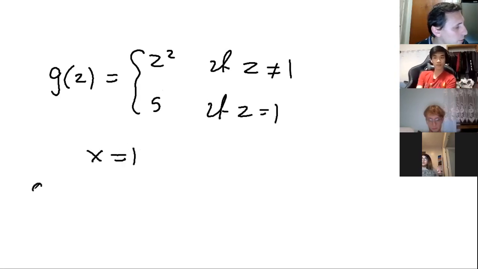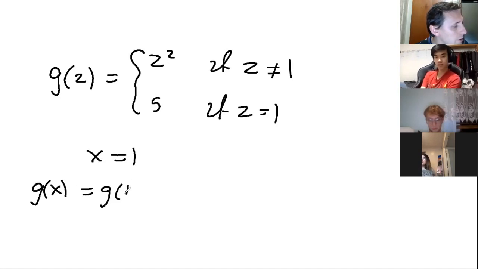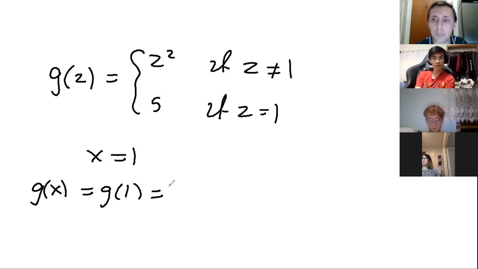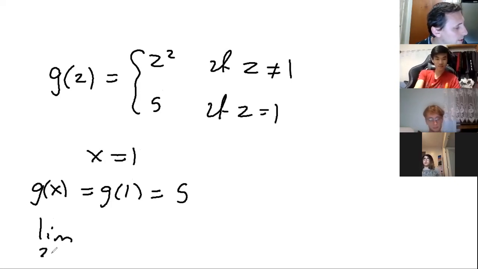So tell me, what is g of x? That's the same as g of 1, right? What is g of 1? 5. What about the limit as z goes to x of g of z?